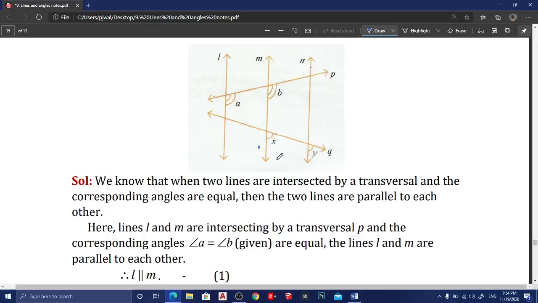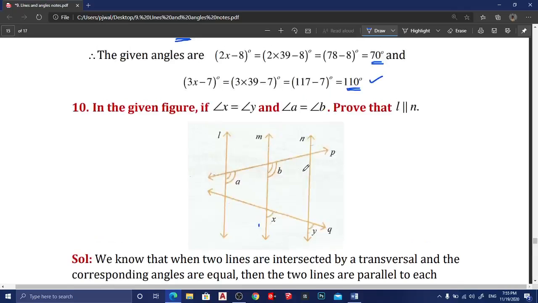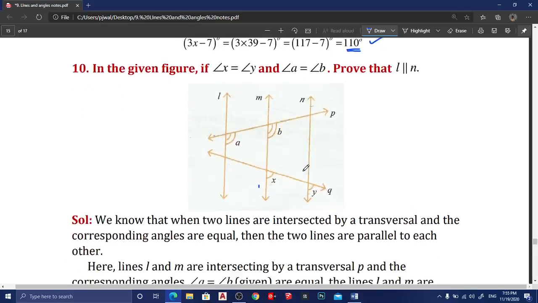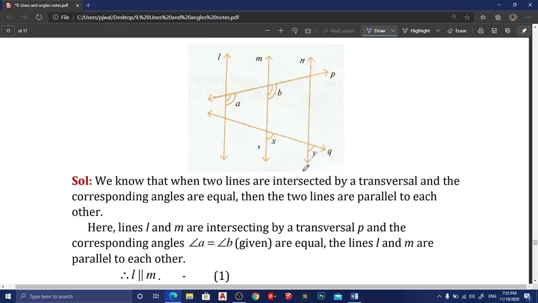So now, if you take these two angles and the lines M and N, M and N are two lines, and Q is the intersecting line, which is the transversal to these two lines.